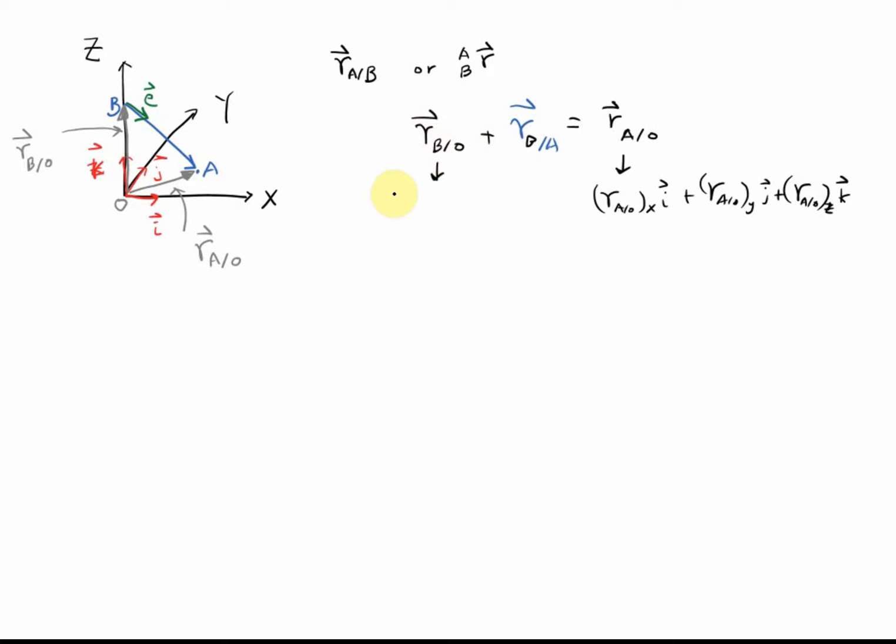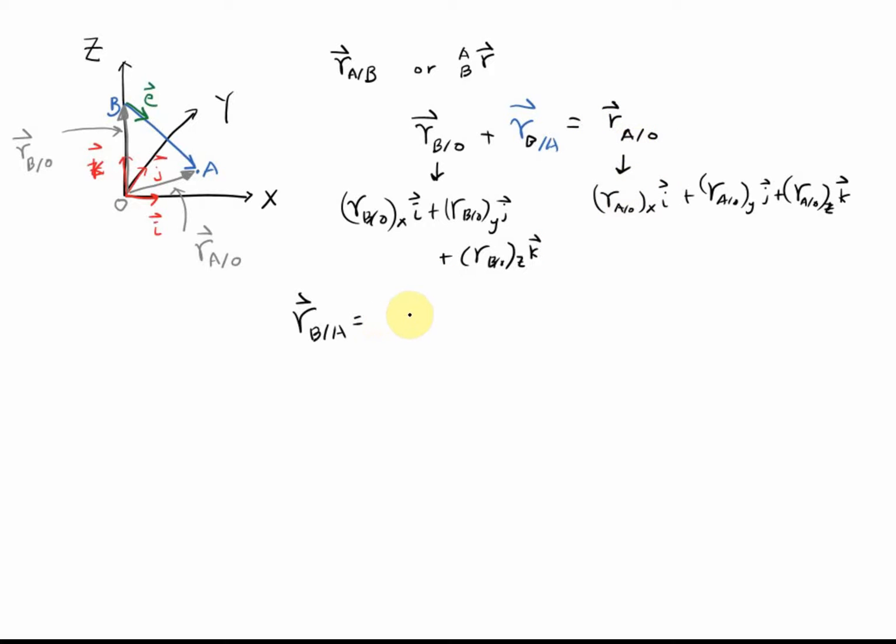And then this RBO vector can be represented by component vectors as well. So this is RBO x component i, and this is RBO y component j, and this is RBO z component k, right? So that's why your RBA, which is our force vector, is equal to, if you shift RBO from the left side to the right side, then you just subtract each element from the RAO vector.